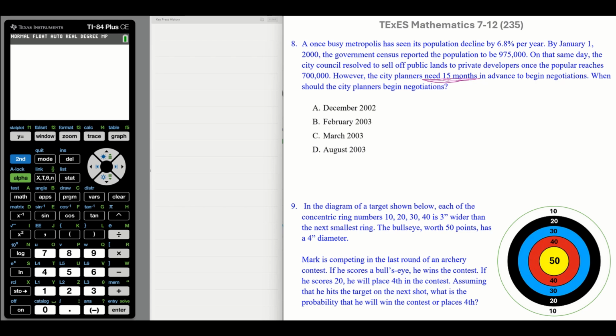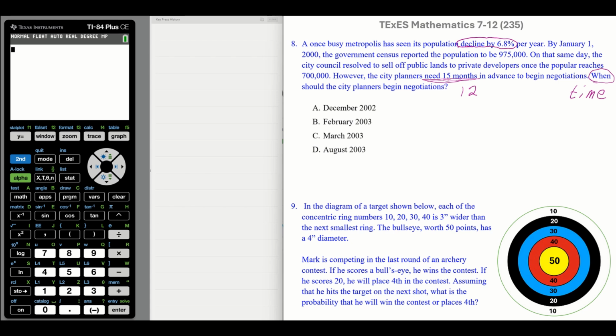Okay, this word "when" tells me I'm dealing with time. 15 months tells me that I need to think of the compounding every 12 months. And this says decline. We can't put that in the calculator as is.